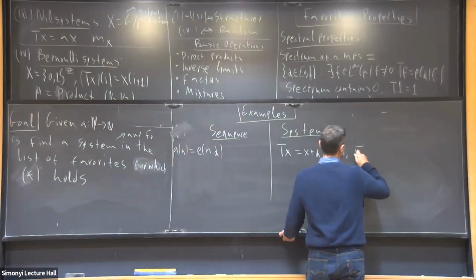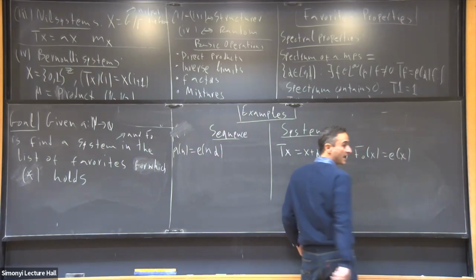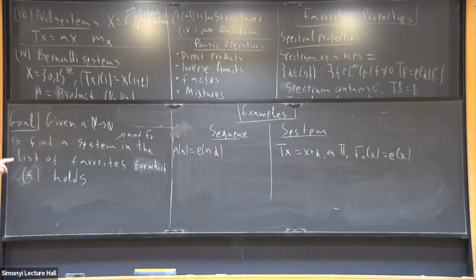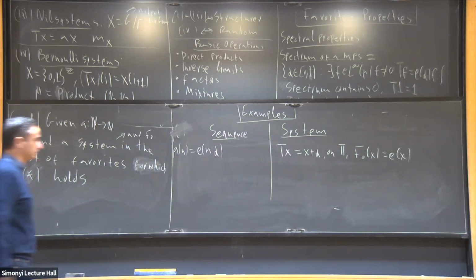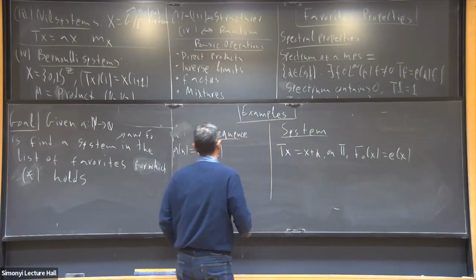And this is the obvious one, f0 of x will be e to the 2 pi i x. So if you compute the correlations of this function with this transformation, it's an easy exercise, you will get exactly this. Actually, this proves that the Furstenberg system, when alpha is irrational, is going to be isomorphic with this one. Okay, the correlation exists uniquely and is isomorphic with this one.